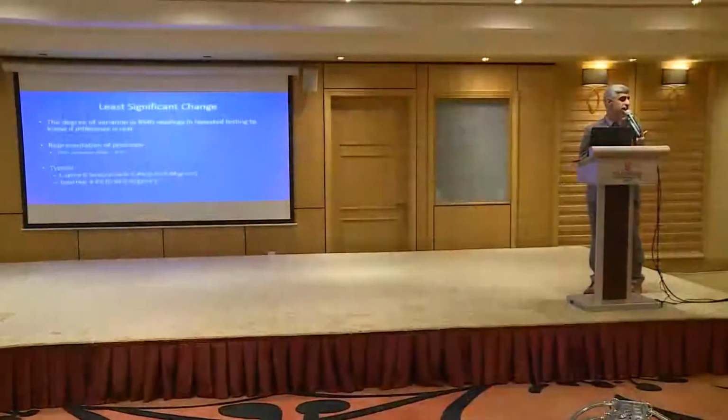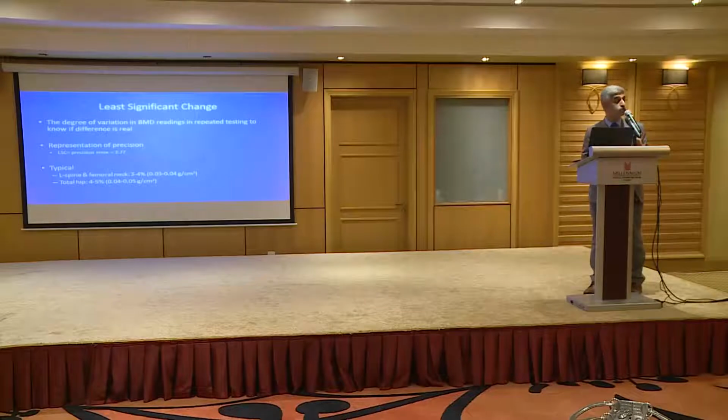With the precision, this center or the radiology department should provide the least significant change. So what is the least significant change? It's the degree of variation in BMD reading in repeated testing to know if the difference is real. Meaning that you repeat a DEXA scan and the BMD changes by 2-3%, for example, then how would you know this 3% is a true result?